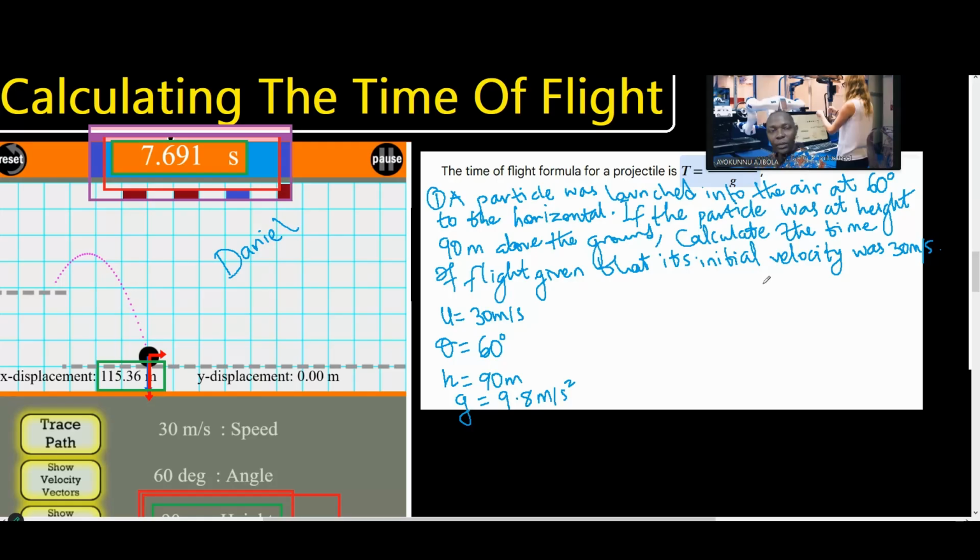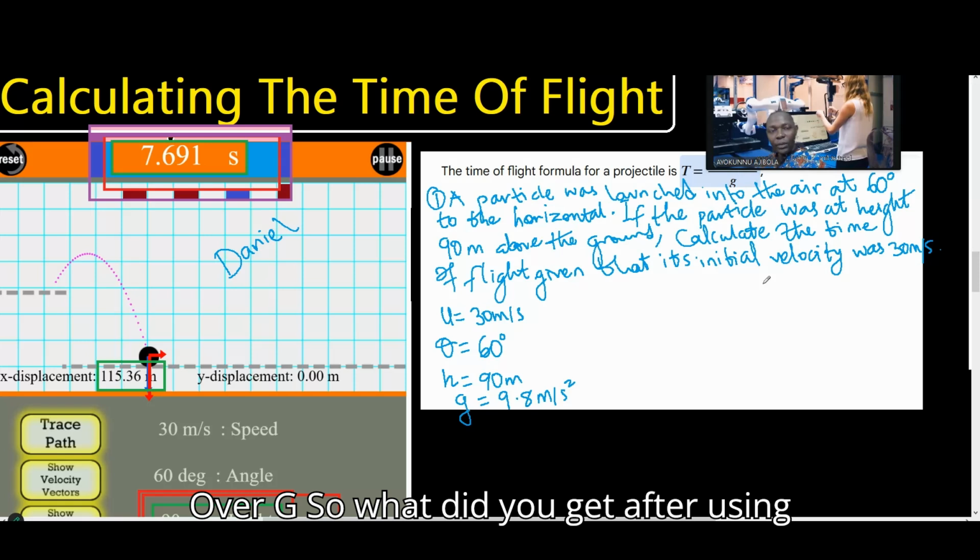What is the formula again? 2u sine theta over g. So T equals 2u sine theta over g. So what did you get after using this?